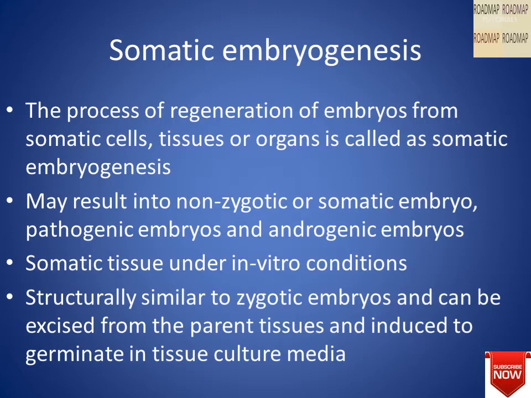So the somatic embryos are structurally similar to the zygotic embryos and they can be excised from the parent tissues, and they can be induced to germinate in tissue culture media. So the development of the somatic embryos can be done in plant cultures using somatic cells.